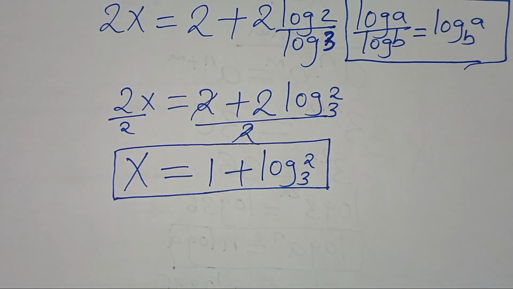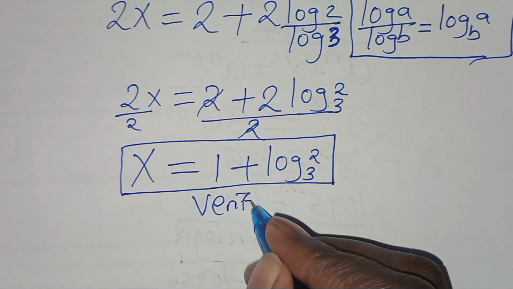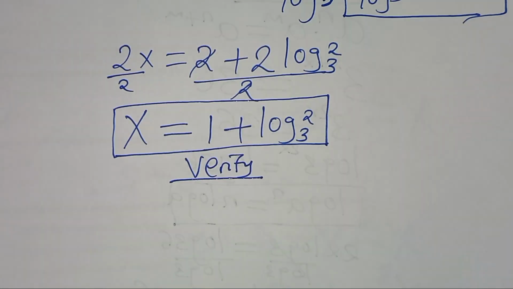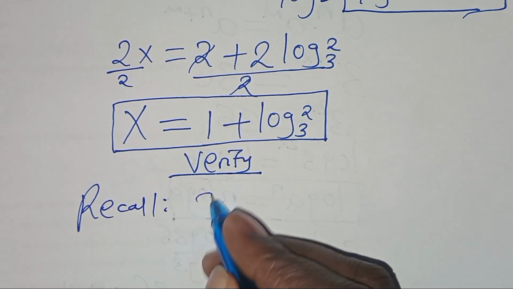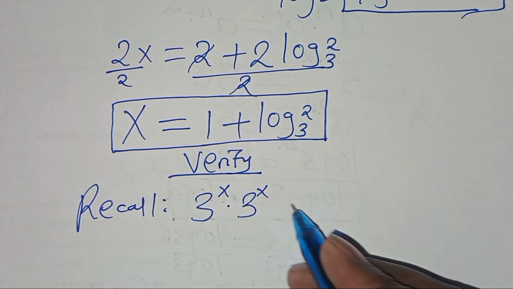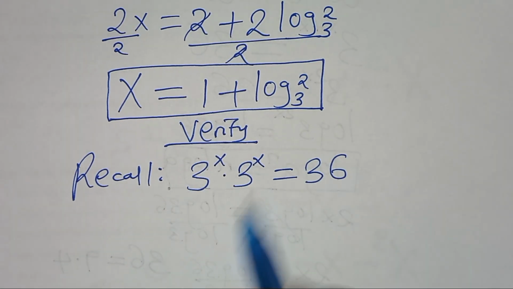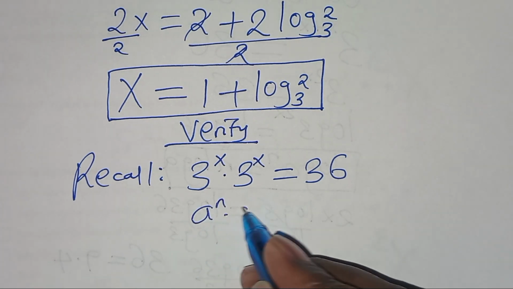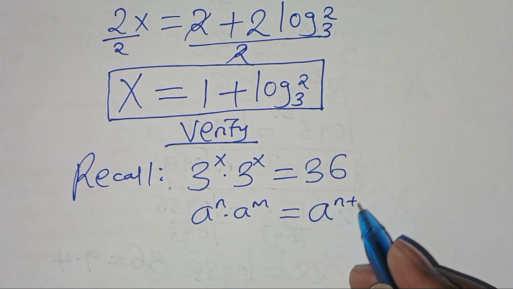So let's verify that this value of x actually satisfies the equation. Now, if you recall here, we had that 3 to power x multiplied by 3 to power x. This should give us a value of 36. But this actually is in the form of a to power n times a to power m, which we can express as a to power n plus m.